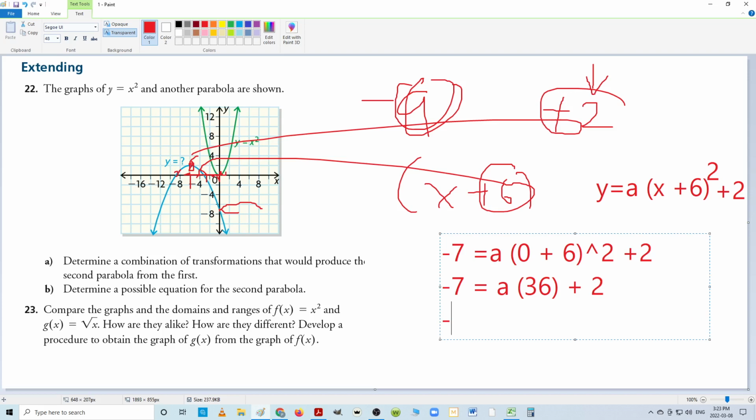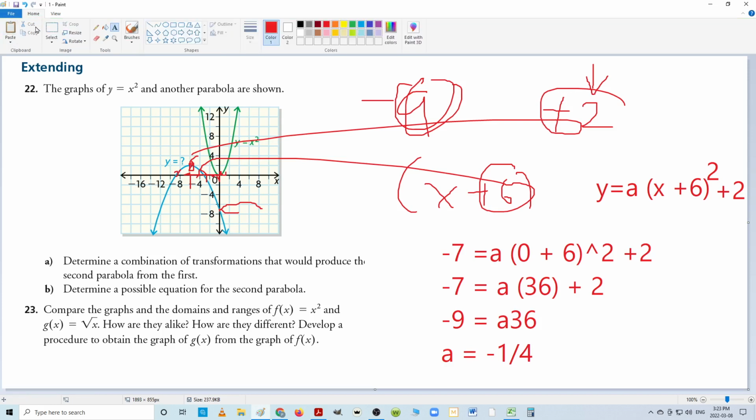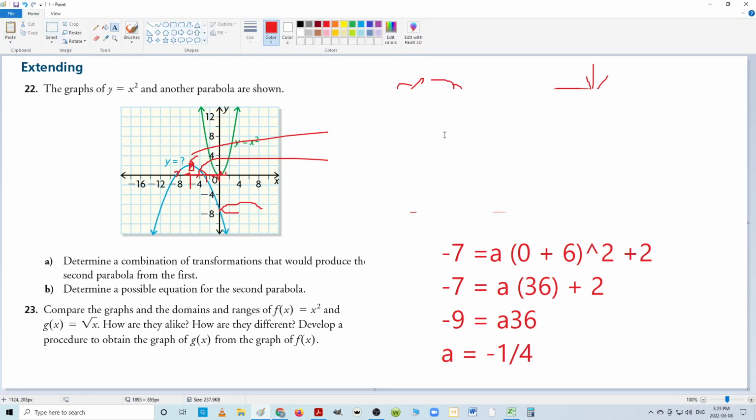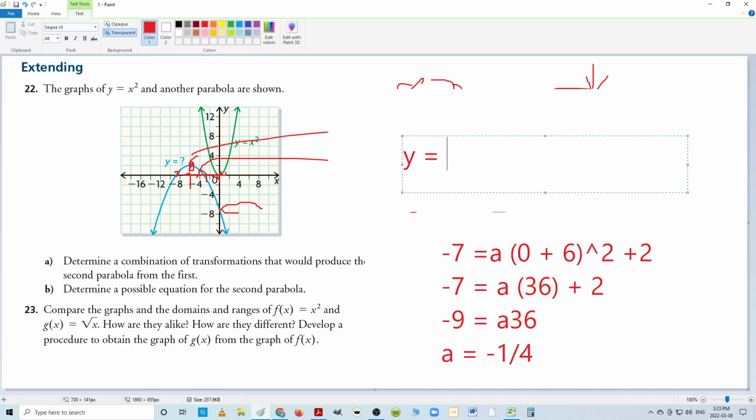Subtract 2 from both sides. Divide. So I get, what's minus 9 over 36? They both can be divided by 9. I get minus 1 over 4. So that means I believe the equation for this should be y is equal to negative 1/4, which faces downwards, times x plus 6 squared, plus 2.